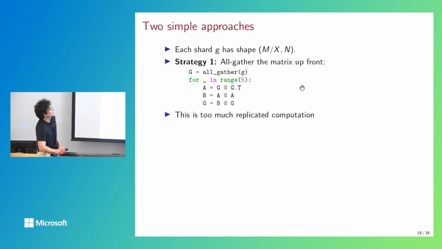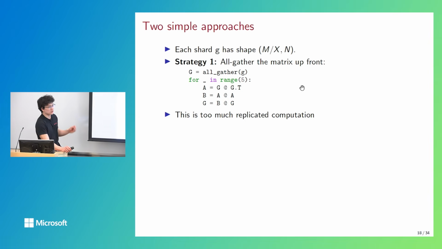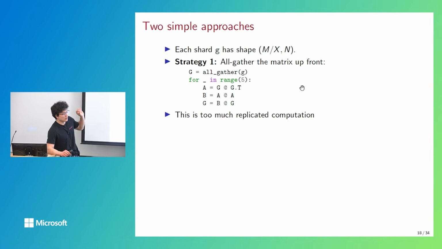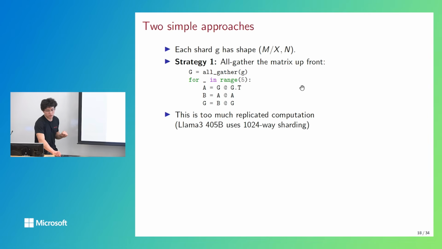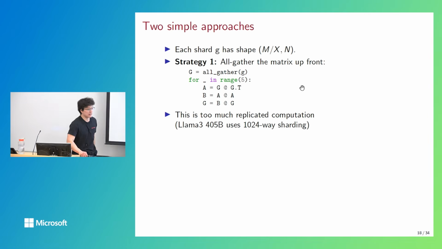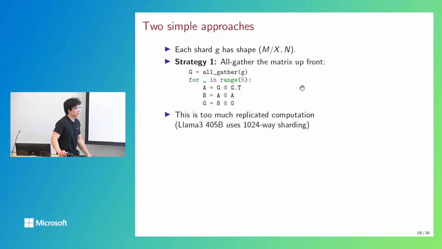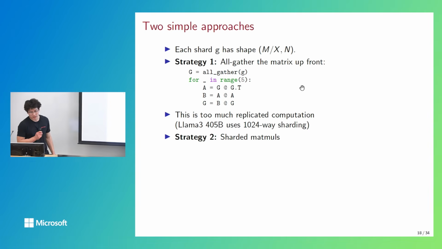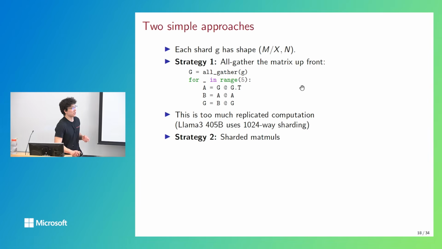It's simple, but the downside is that there's too much replicated computation, because the same matrix that is sharded across various devices is all-gathered and the computation replicated. For example, for Llama 3 at 405 billion scale, there's roughly 1,000-way sharding, so you're replicating computation over this 1,000 dimension, which is too much. Okay, so then what if we just stick to the sharded matrix multiplication?